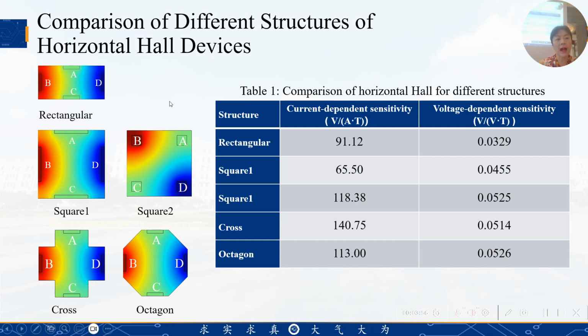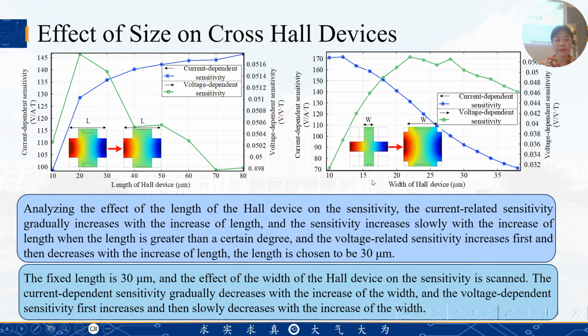For example, there are a lot of shapes: rectangular, square, cross, and octagonal, and we can compare them in their current-dependent sensitivity and voltage-dependent sensitivity. For example, the rectangular has a much higher sensitivity than the square, and this is the effect of size on cross-Hall devices.